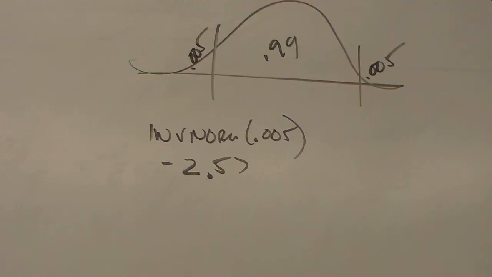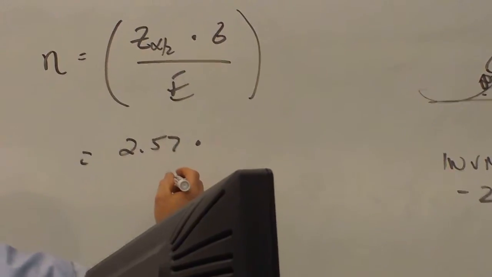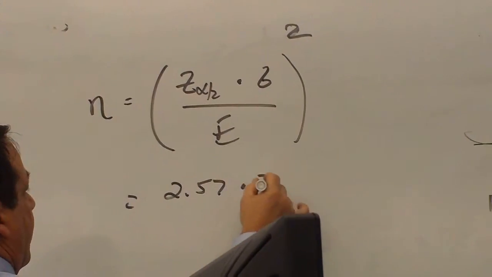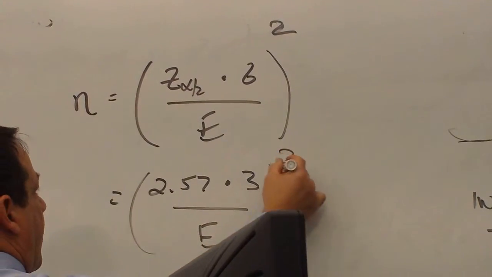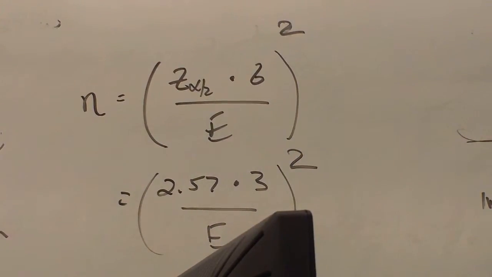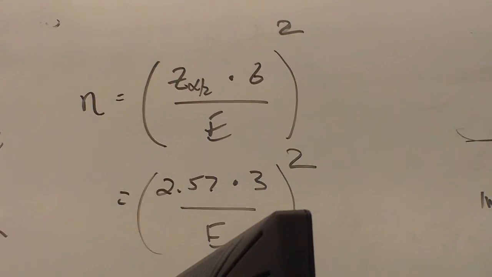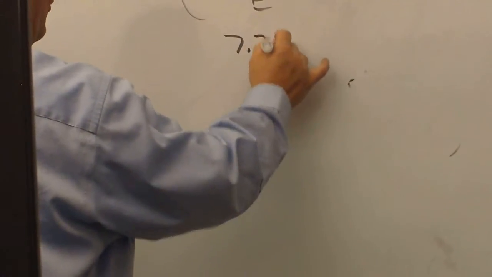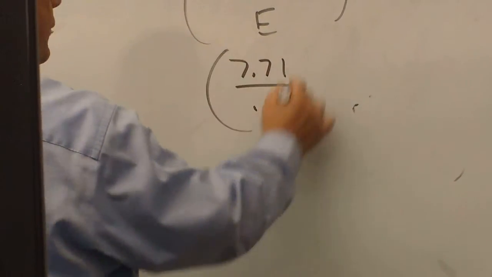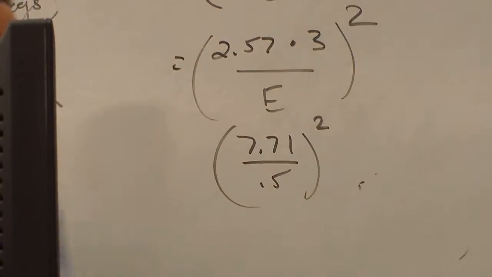All right. So this then is 2.57 times the standard deviation, which in this case is 3, divided by the error all squared. And that is going to be 7.71 divided by 0.5 quantity squared.